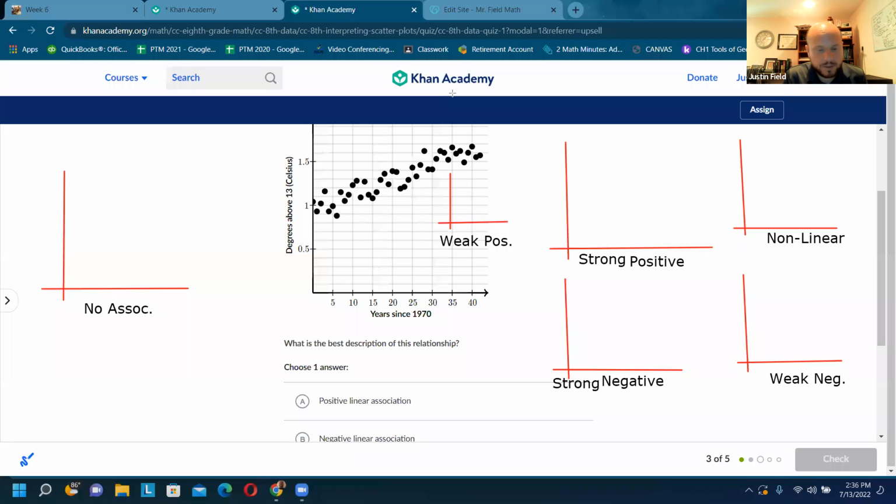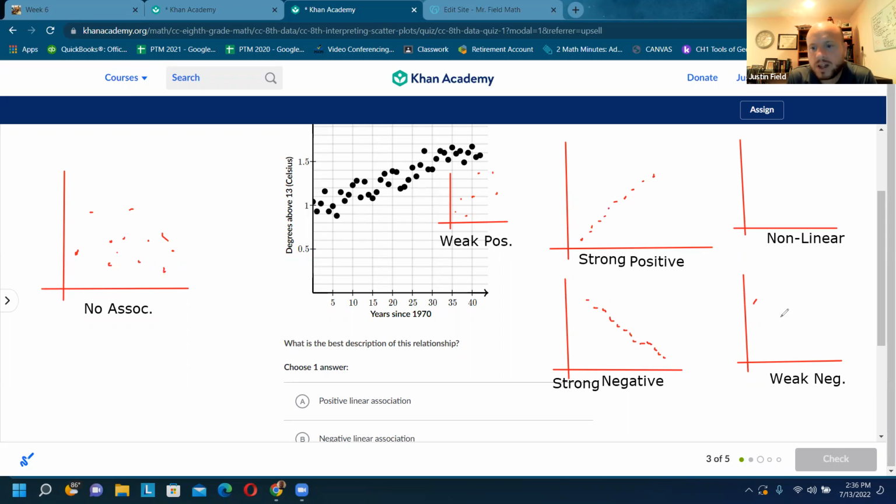All right, so now let's put our example. So no association is all over the map. A hot mess. Weak positive means in general it's going up, but the points are spread out. Strong positive, something like that. Strong negative. Doesn't have to be exactly in a line, but you can tell it's very negative.